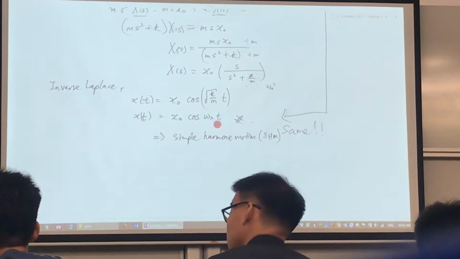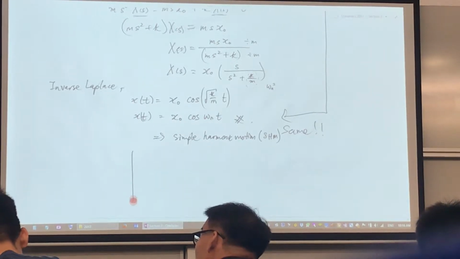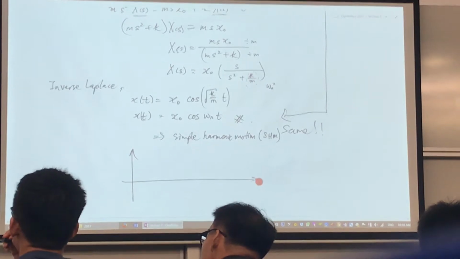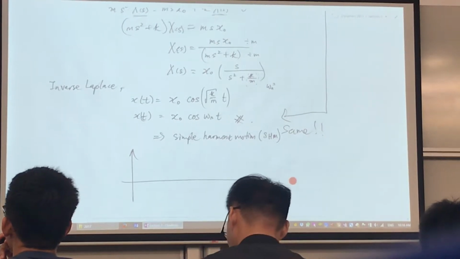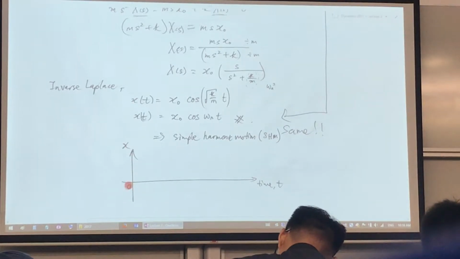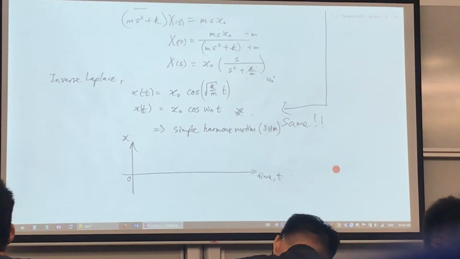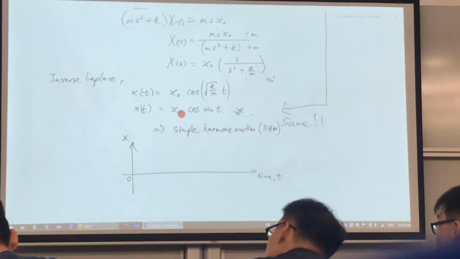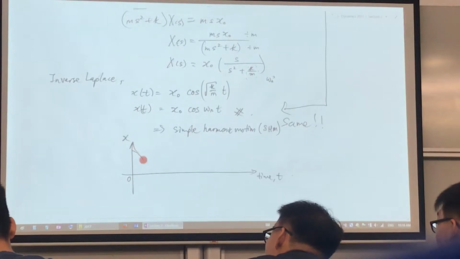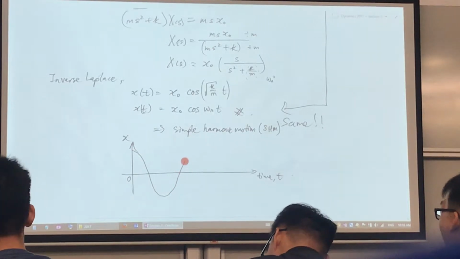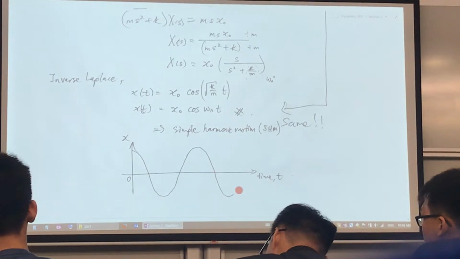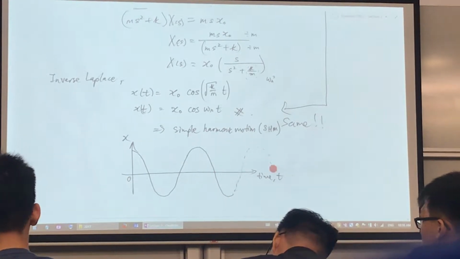So if I were to sketch this equation, this axis here is time t, and this axis here is x. The intersect is 0. If I were to sketch x naught cosine omega n t, that's how it's going to look, and you just go on forever.